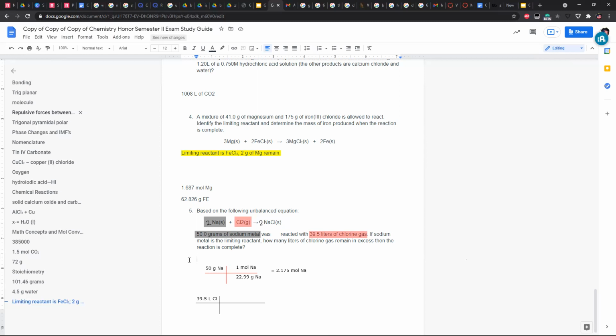And then there are 22.4 liters in every mole. So we have 39.5 divided by 22.4.